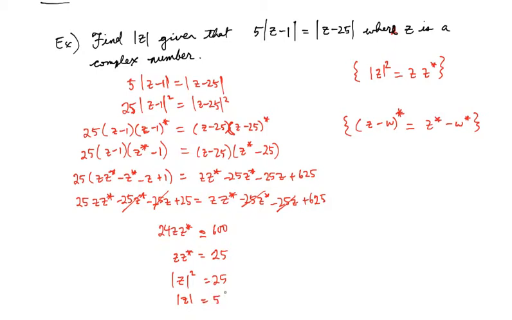Normally you'd think it'd be plus or minus 5, but since this is a magnitude and this is a distance, the positive value is the only one that we take into account. The magnitude of any complex number must be greater than or equal to 0. So that's my answer. I found the magnitude of the complex number z.